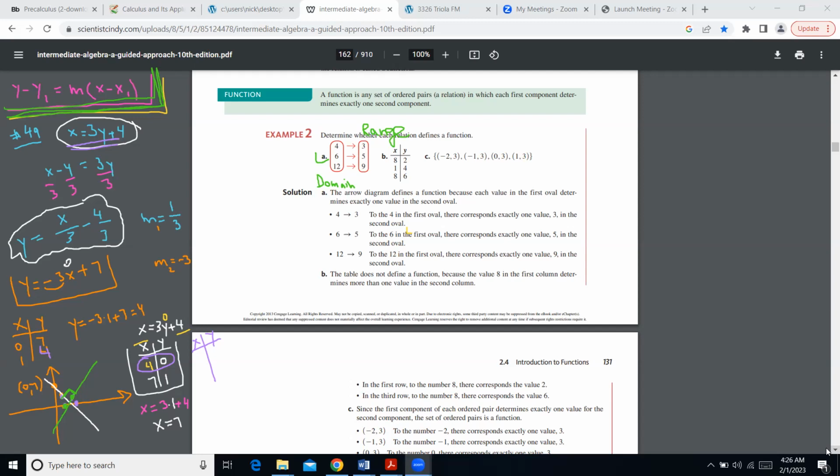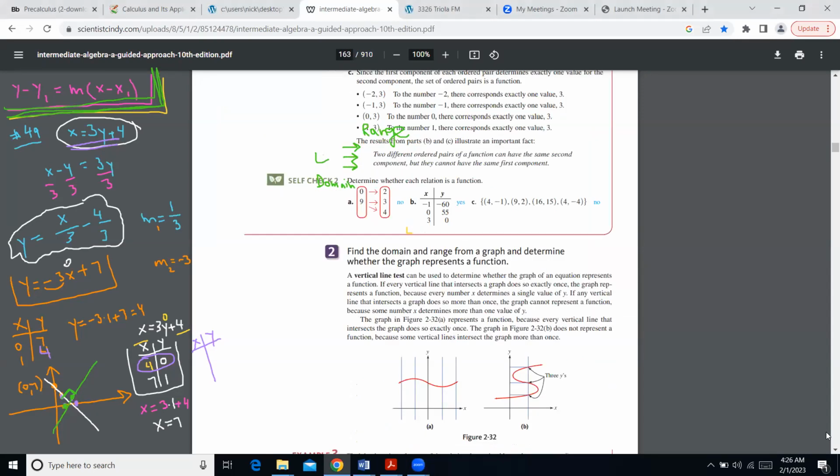And this relation of two sets, so we relate elements such as 4 with 3, 6 with 5, 12 with 9, and this relation happens to be a function. Well, here's the example where we relate the two sets again, and we don't have a function.